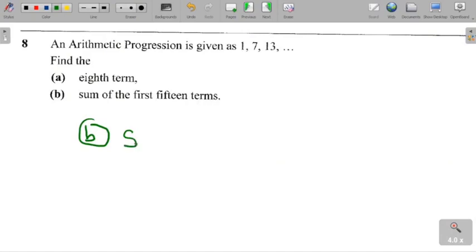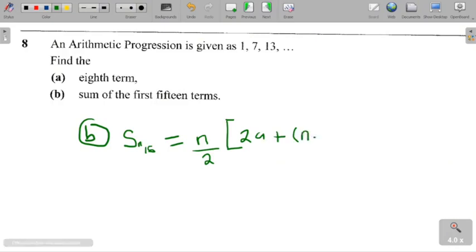You say sum of 15 terms is equal to, and this is the formula you're supposed to use: n over 2, then square bracket, 2a plus open bracket n minus 1 close bracket, then you multiply with the common difference.